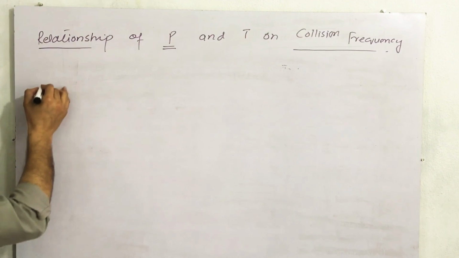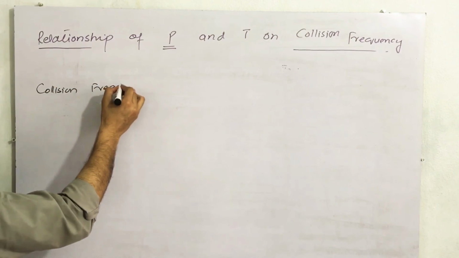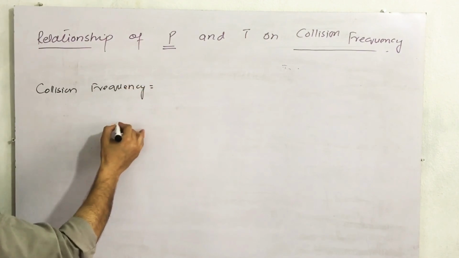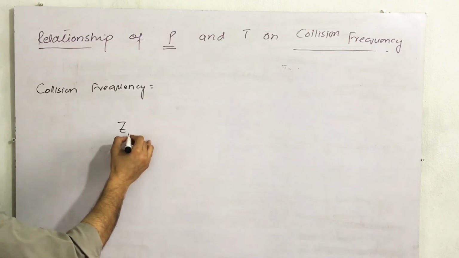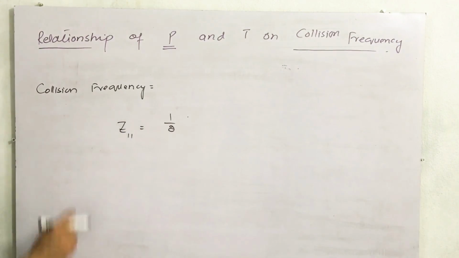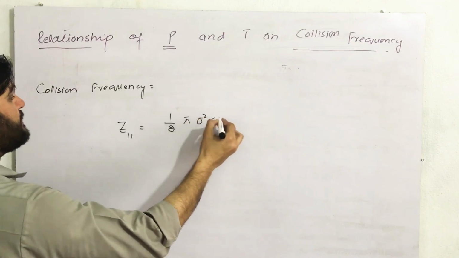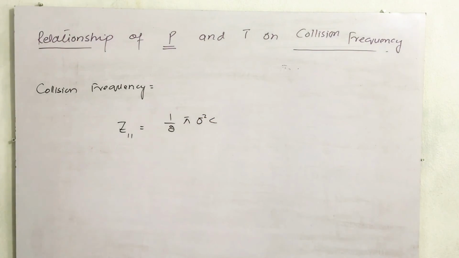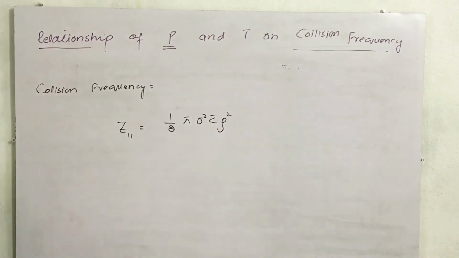As we studied, collision frequency, as we derived, the formula was half pi sigma square C bar and rho square. This is the formula. Okay. Now, what is the effect of temperature?